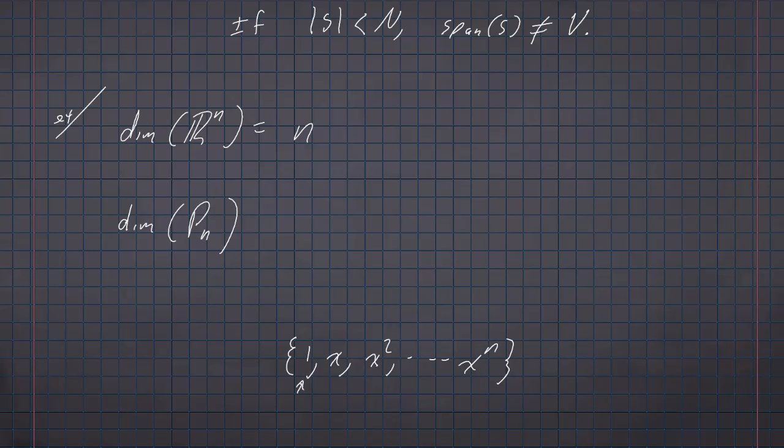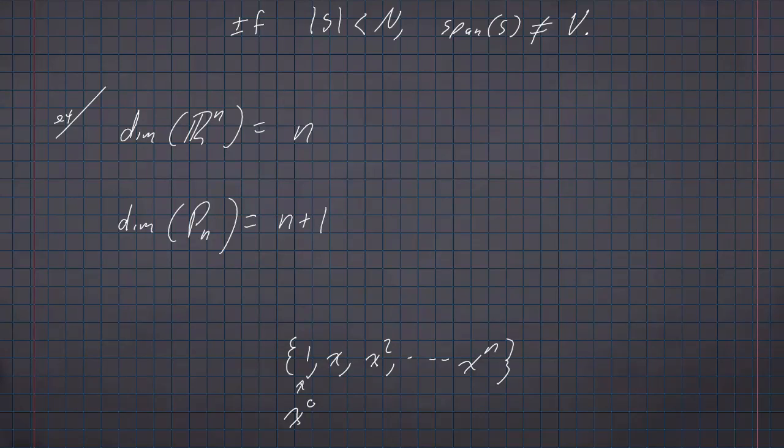If we think about that 1 as being x to the 0 power, I think it becomes clear that the basis of P_n has n plus 1 vectors in it. So P_n is an n plus 1 dimensional vector space.